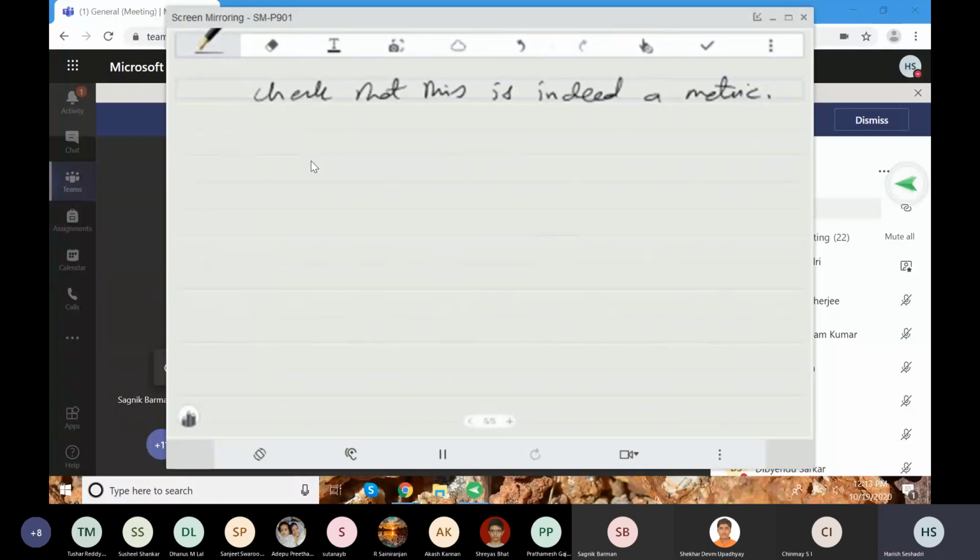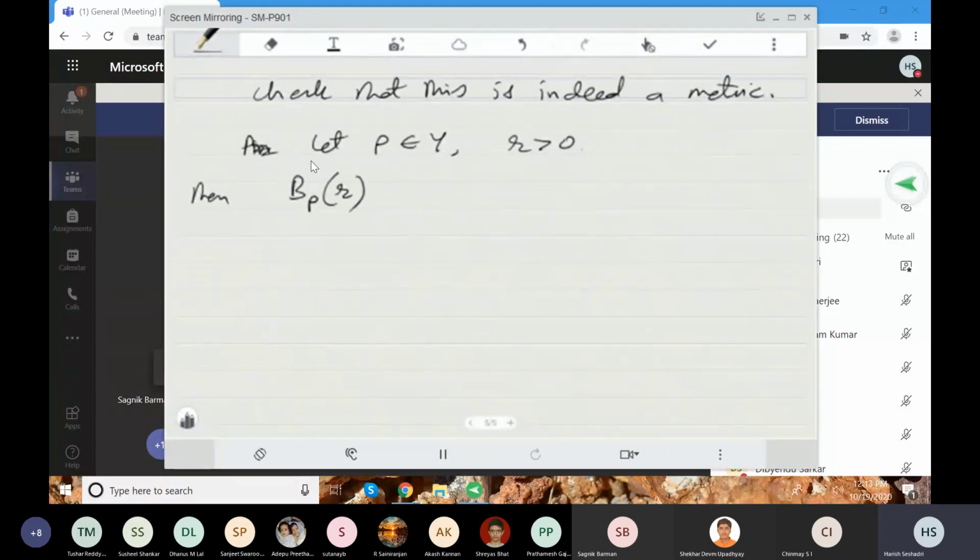Let's look at an open ball here. Let p belong to Y, r greater than 0. Then the ball of radius r, B(p, r), with respect to this discrete metric: if r is strictly less than 1, you will be looking at all points x such that the distance between p and x is less than 1.